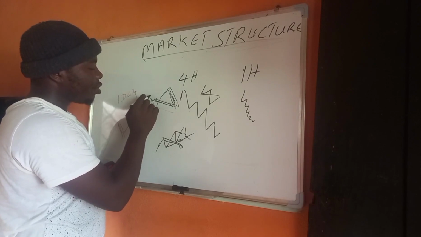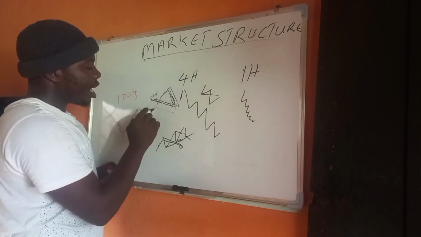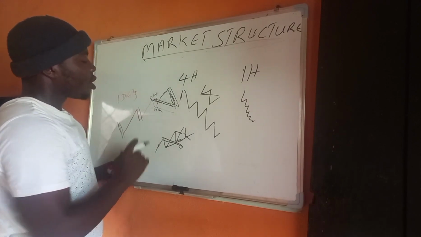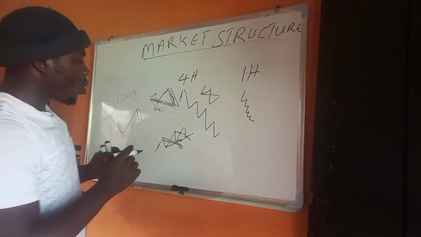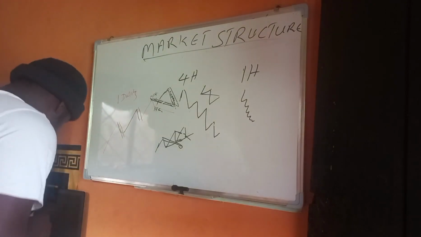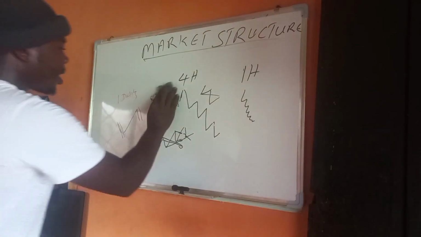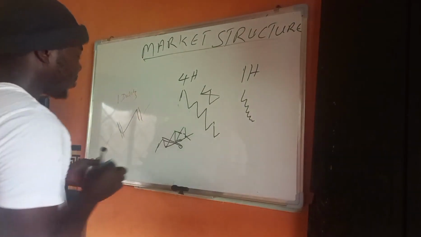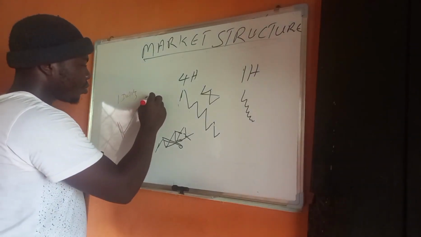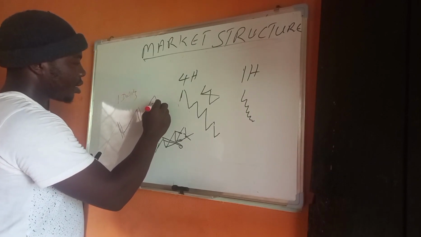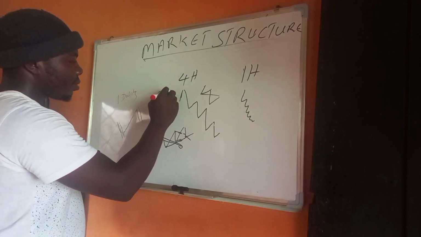So here you know is the higher high and here is the higher low. Sometimes you will see the market just come like this, then break.